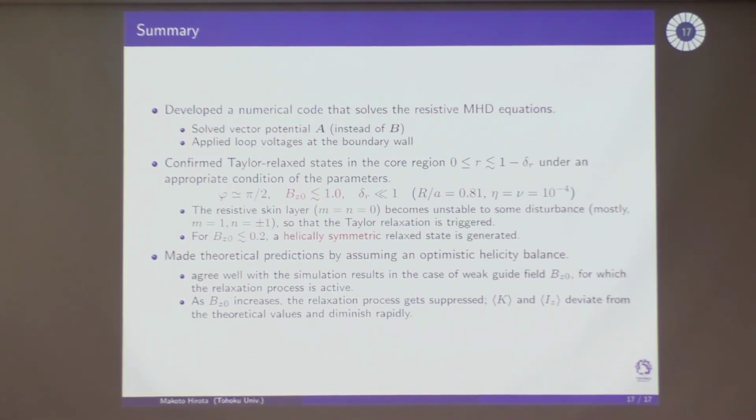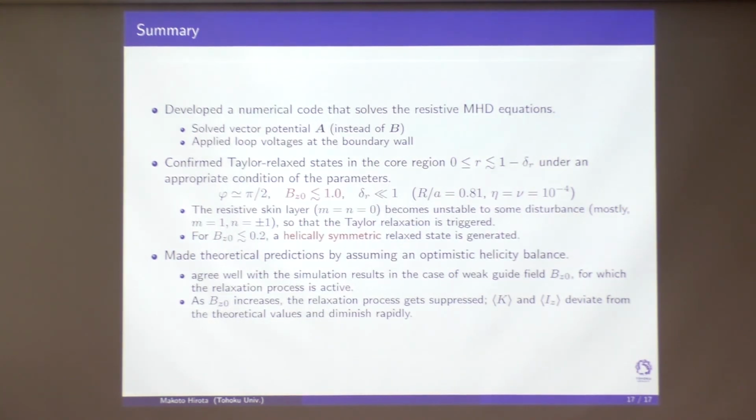And this is a summary of our work. First, we developed a numerical code that solves the resistive MHD equation. But here, you have to solve for the vector potential A instead of the magnetic field. And we confirmed the Taylor relaxed state only in the core region. The edge region is dominated by the resistive skin layer.